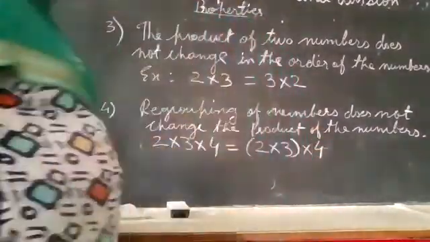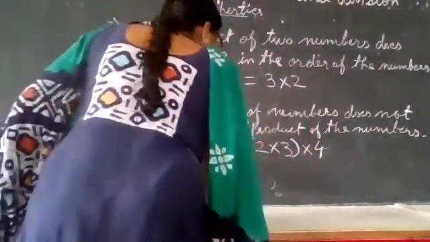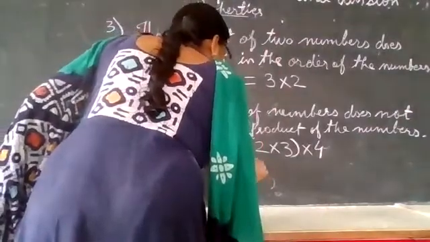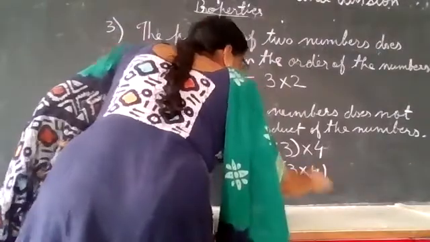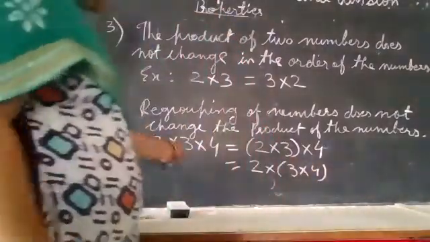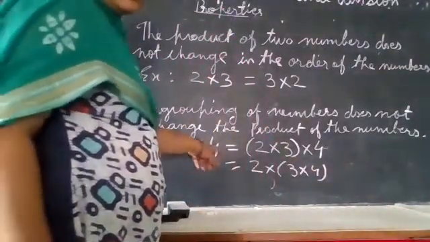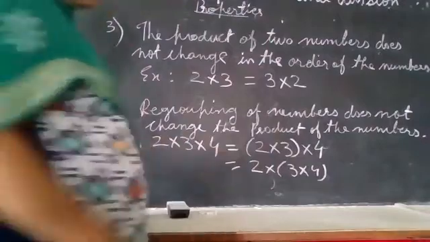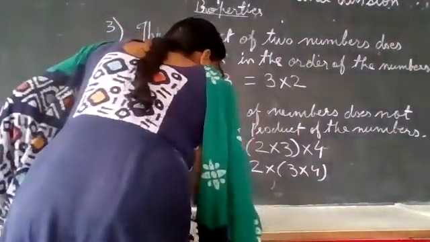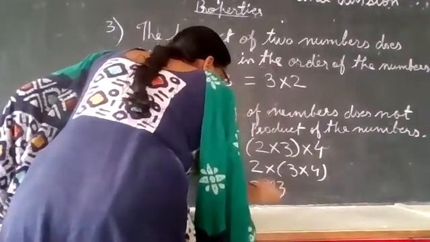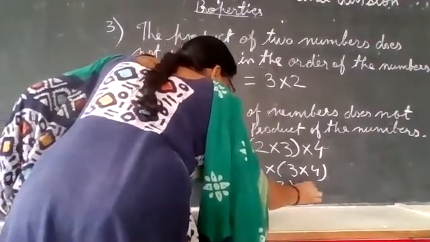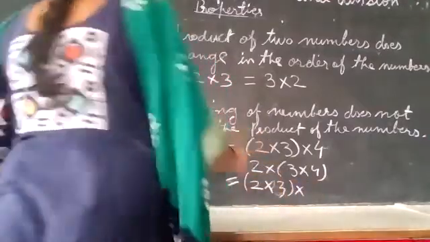Or you can do it like this: first you multiply the second and third terms, and then multiply by the first term. Or you can multiply the first and the last terms, and then multiply by the second term.